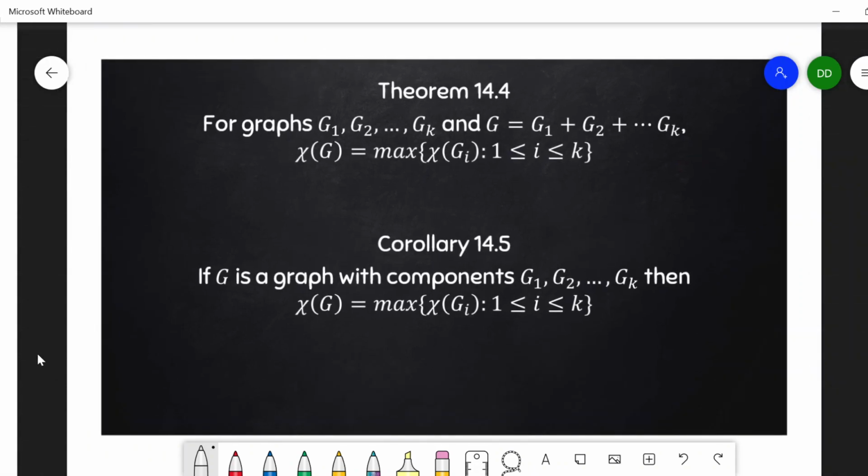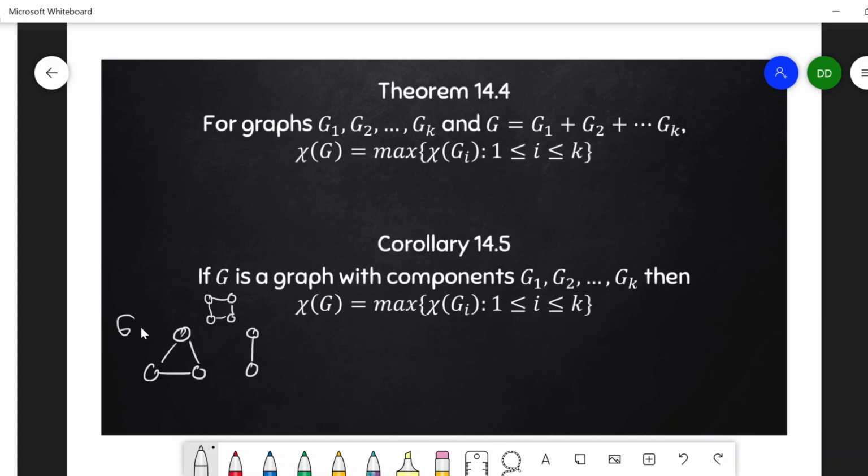So of course, if a graph is just the union of some number of graphs, or alternatively think of this like a disconnected graph with these components. Maybe I have a C4 over here.